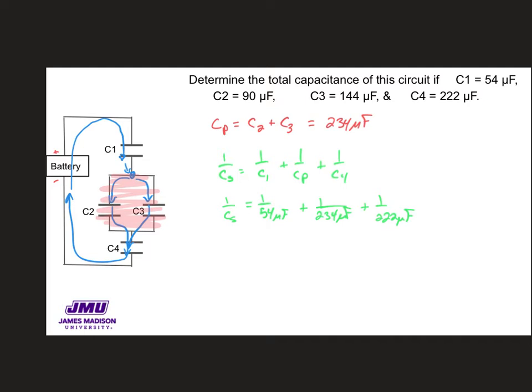Being careful to use the correct equation, of course. And I get that 1 over the series capacitance is equal to 0.0272965. It's running on. But again, if I take that whole thing to the -1 power, I will invert that and find that this entire circuit has a total capacitance of 36.6 microfarads.